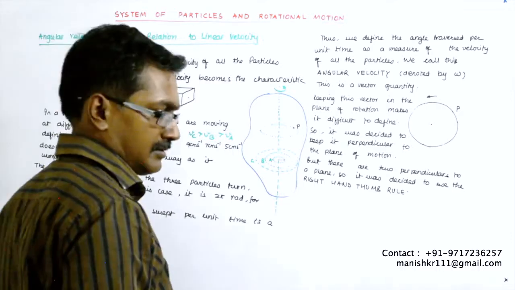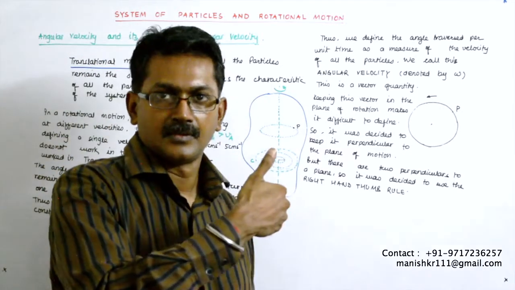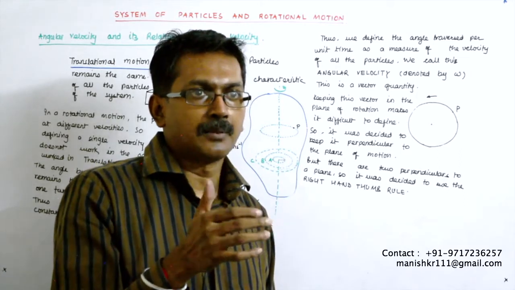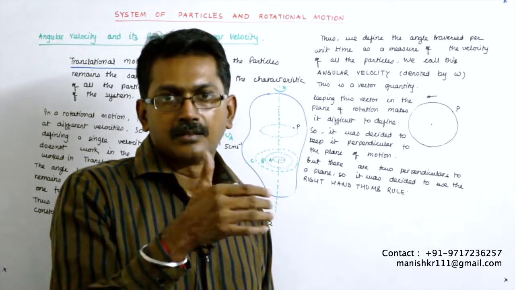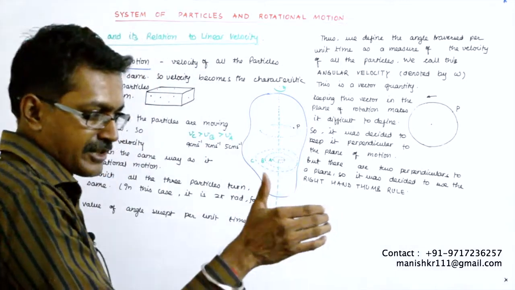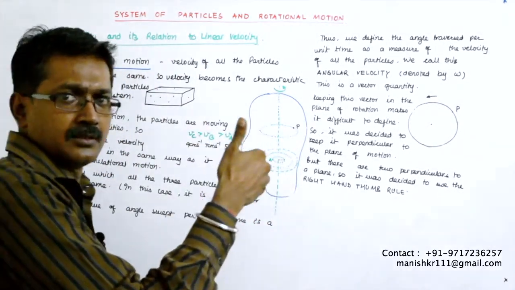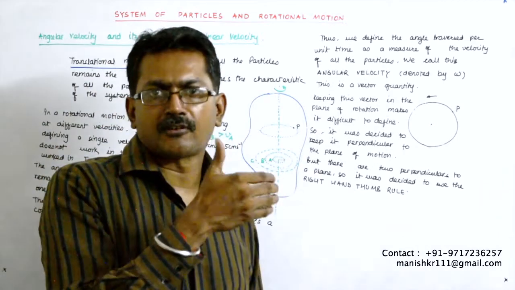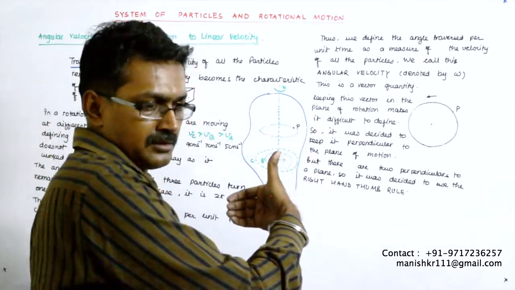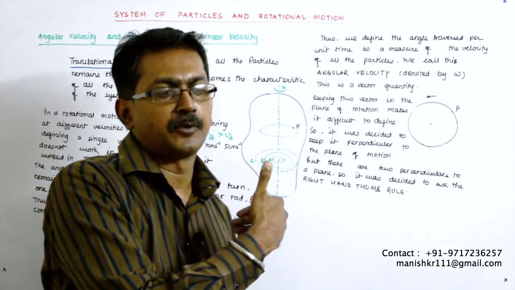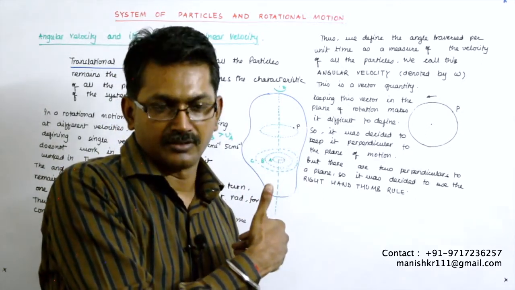That rule is this: if something is rotating, if the rotation is like this, that means you keep the fingers of your right hand along the direction of rotation, then the thumb of your right hand will point in the direction of the angular velocity.